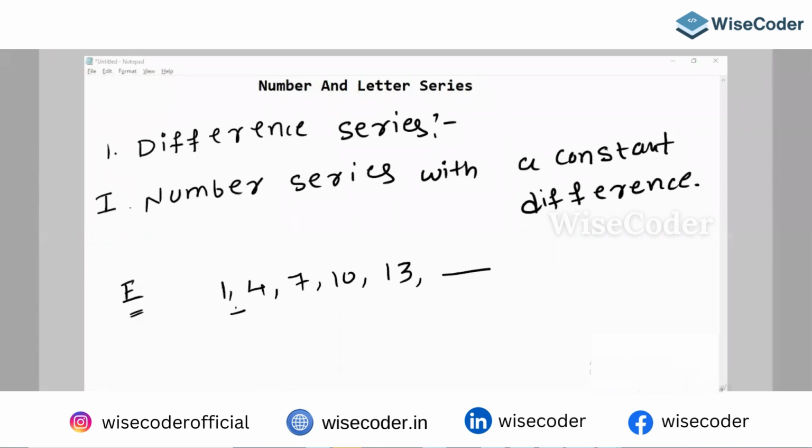It's plus 3, plus 3, plus 3, plus 3. So next must be plus 3. 13 plus 3 is going to be 16. So the answer for this question is 16. Okay, let's go to the second variety.